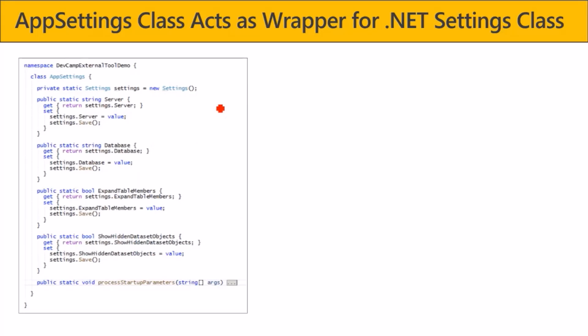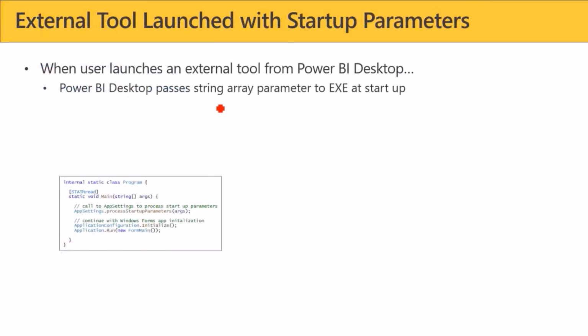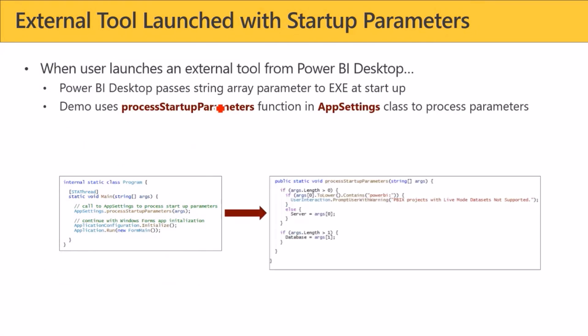Now, another thing that we have to do is process these parameters that are being passed. So what happens is that when your application starts up, you're going to get passed these parameters as a string array. And so here's the entry point for a Windows Forms application, or it'd be similar if you did a console application. And the idea is that we're just going to take that set of parameters and pass it over here.